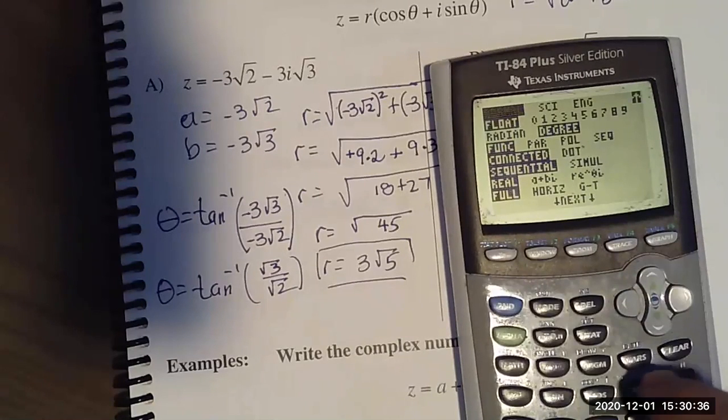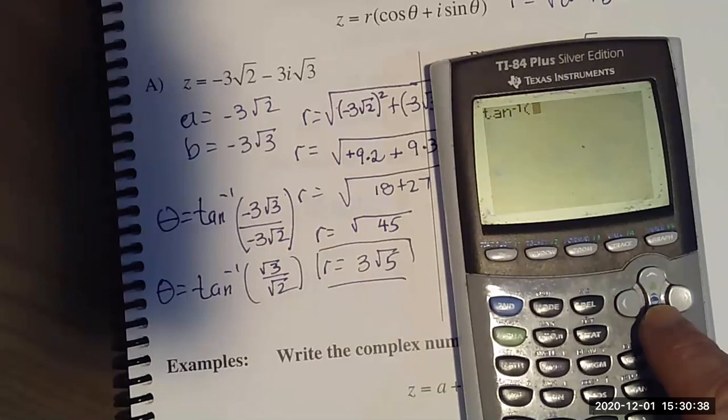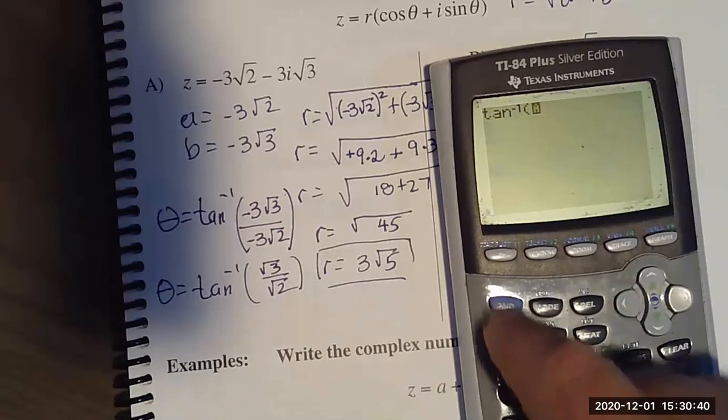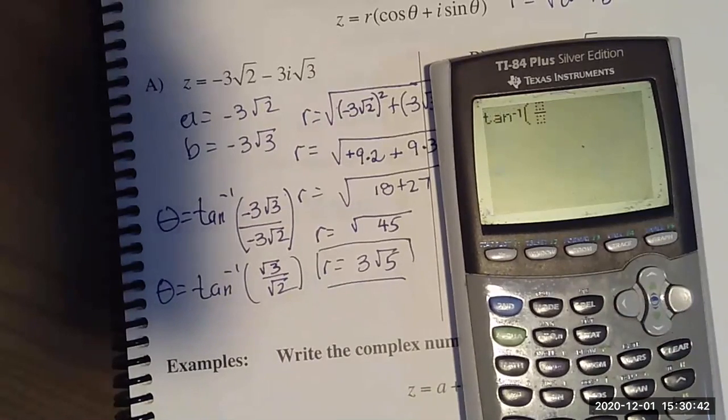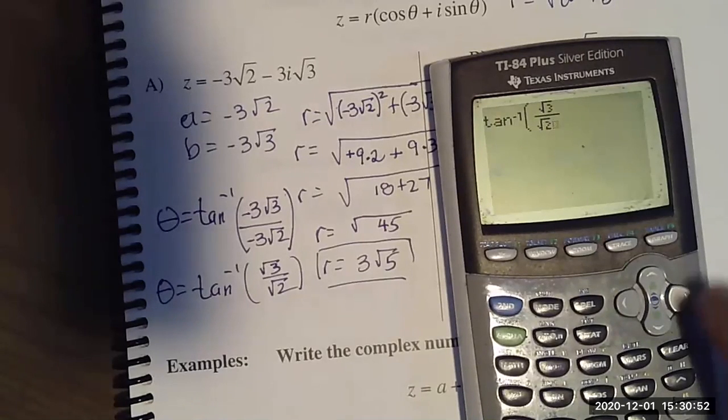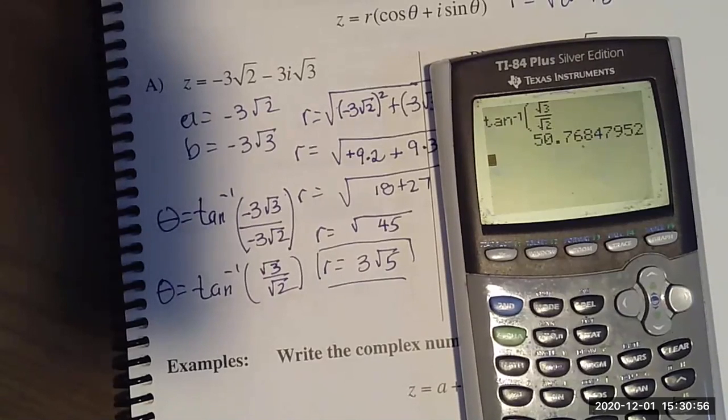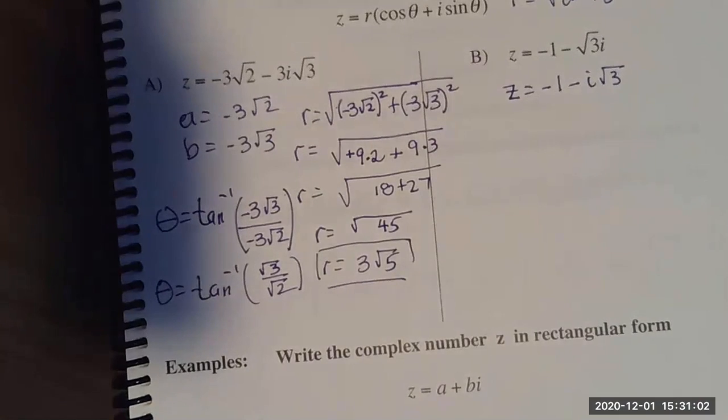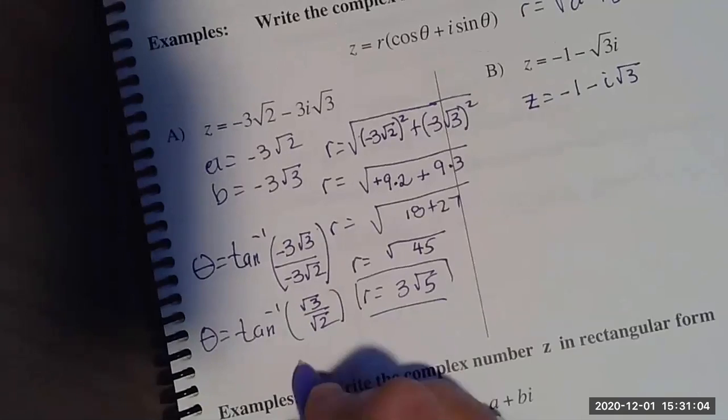So tan inverse of the fraction root 3 over root 2. Okay, so the angle, let's say we rounded to the nearest hundredth, is 50.77 degrees. 50.77 theta.